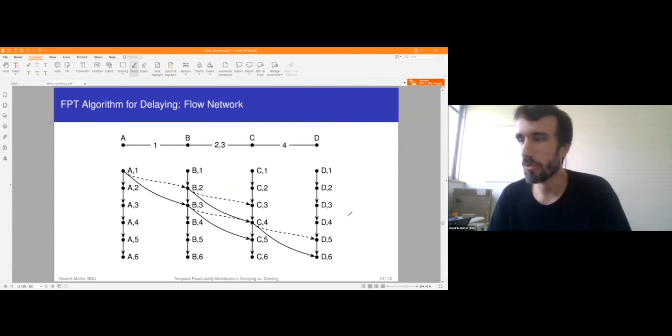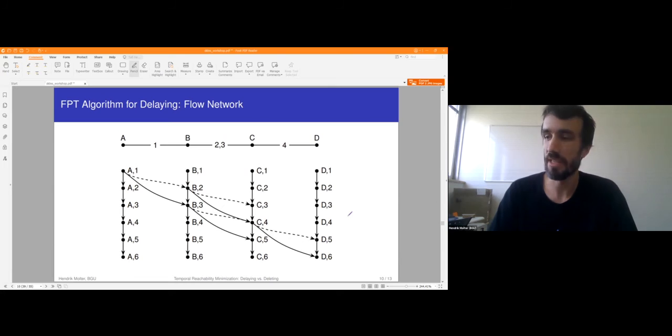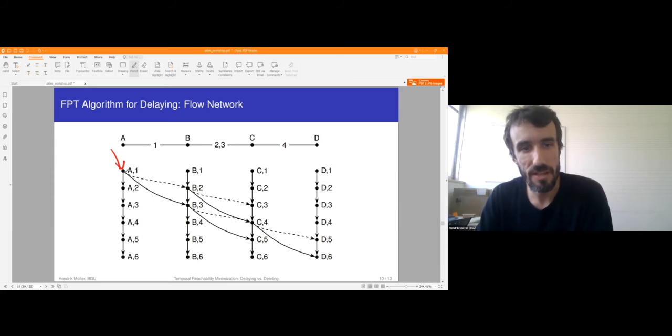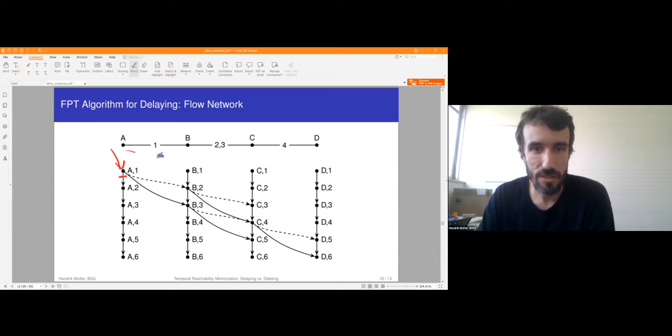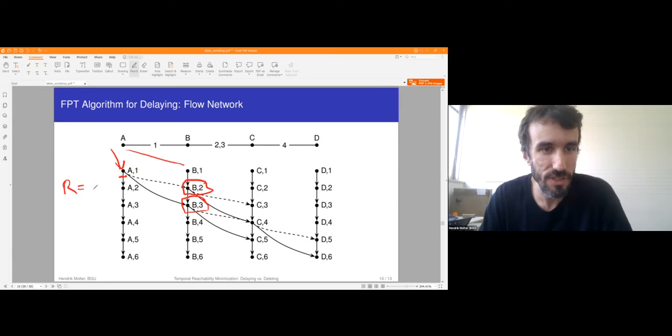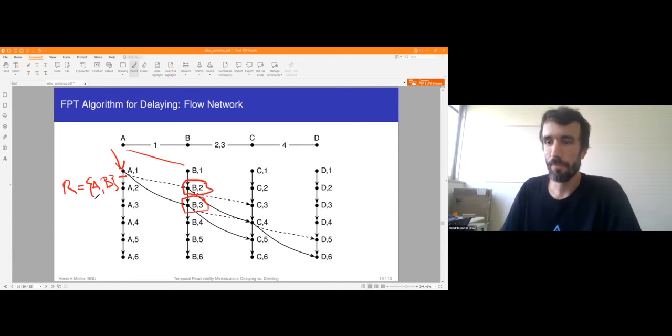And if we look at this again for a second, so let's say we have again only A as the reachable set, then A1 would be the leaking vertex. If it's A and B, then the leaking vertices of the flow network would be B2 and B3. So these are the vertices that leak flow outside of the reachable set. So in this case, the reachable set contains A and B. Okay.